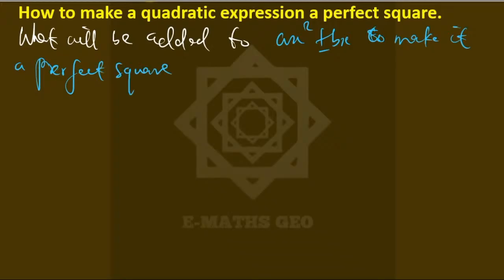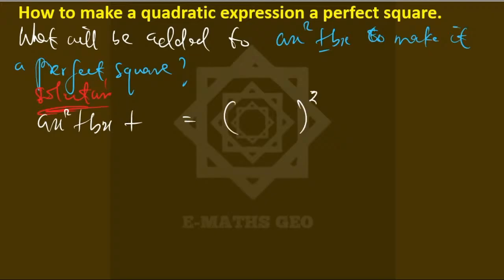Let's express that mathematically. What will you add to a x squared plus b x so that you have something squared? That's the meaning.